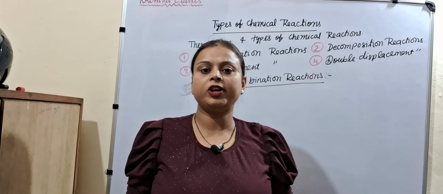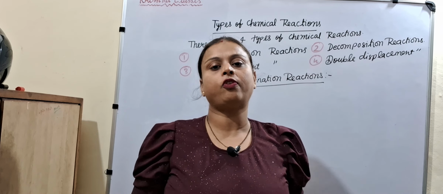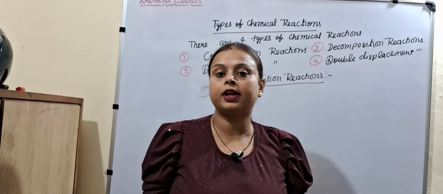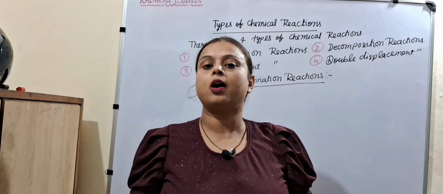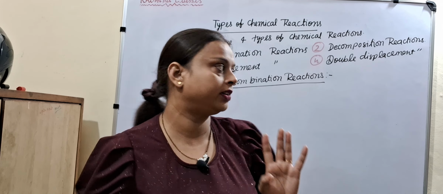When two or more reactants combine with each other and form a new substance, that is called the combination reaction. I repeat again: when two or more reactants combine with each other and form a single product, that is called the combination reaction.